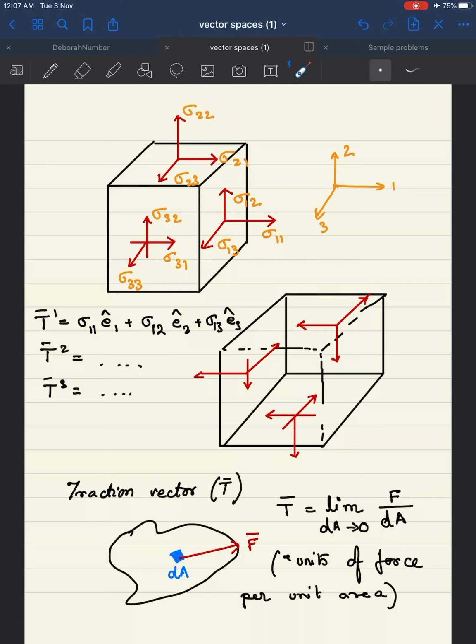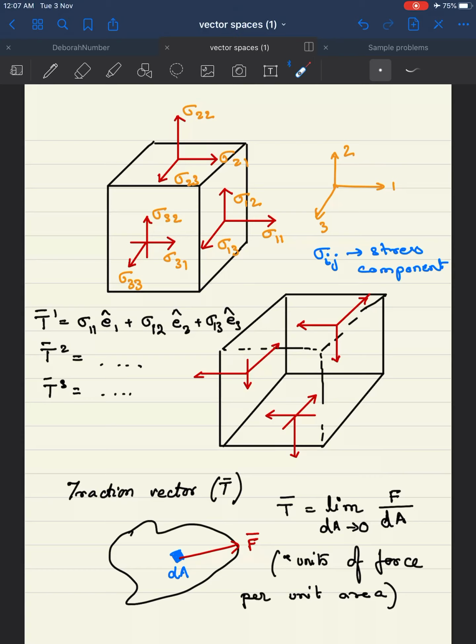So this will form this quantity sigma ij, which is going to be my stress component. You can see that you will have 9 components here. Although you have 3 vectors, because you are relating them to the 3 unit vectors, you now have 9 components in all.